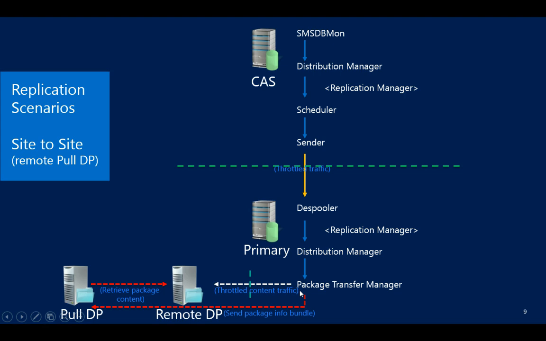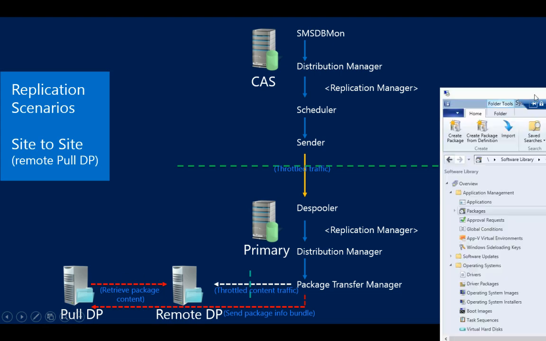Or would it be better for you to have a scenario where you choose one of your remote DPs across this slow WAN link that will receive the content directly, and then any distribution points that are behind the slow WAN link but are very well connected to your remote DP, you could actually have them pull the content from this remote DP. Let me show you how that looks in the console.